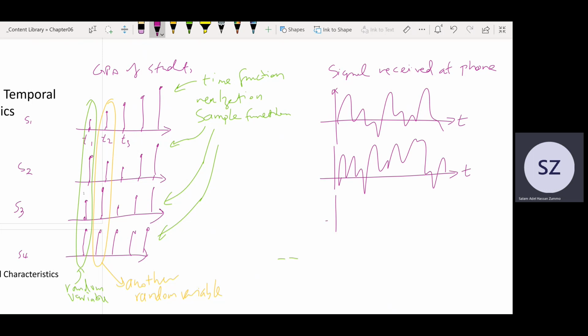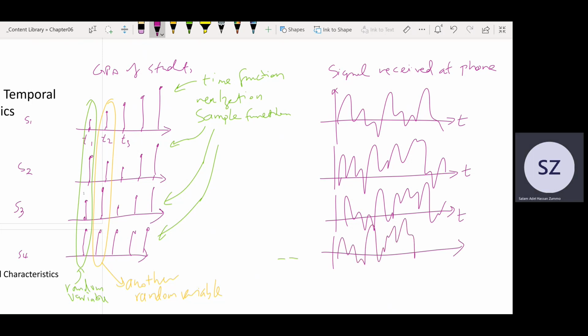If you repeat the same experiment again, every time you try it in the lab, you will find a signal with a different shape. It's a random process. It's a random signal. It depends on where you are in the room and the reflections and so on.